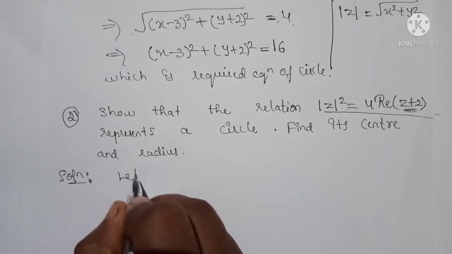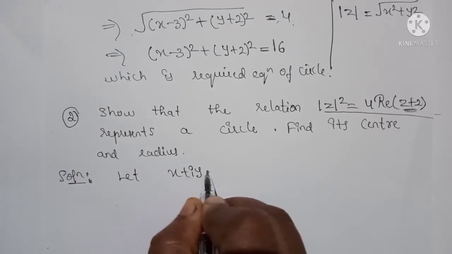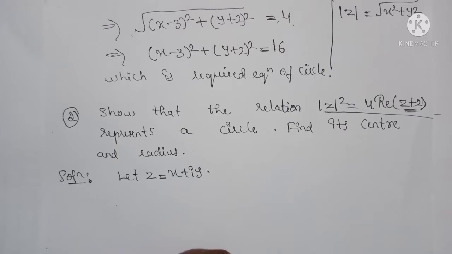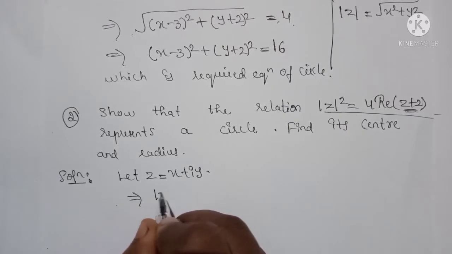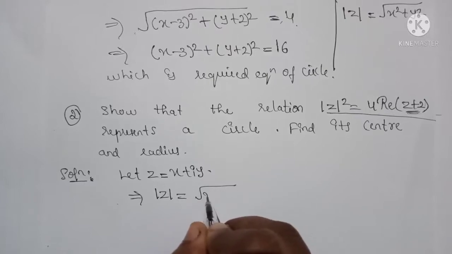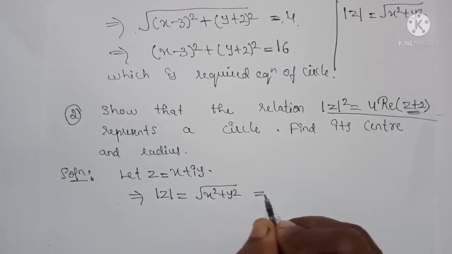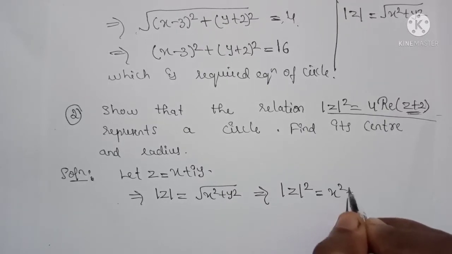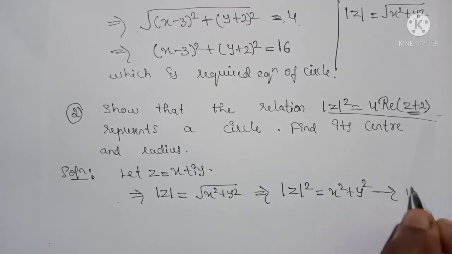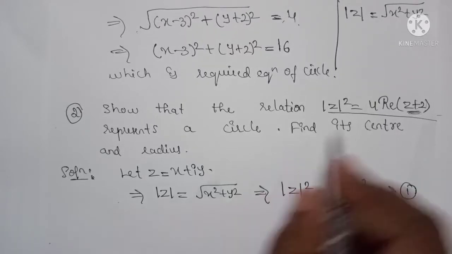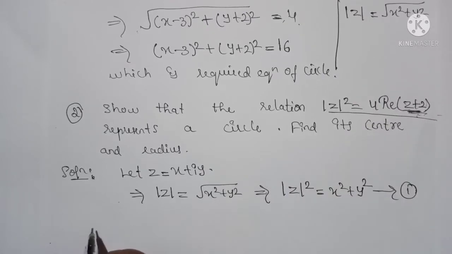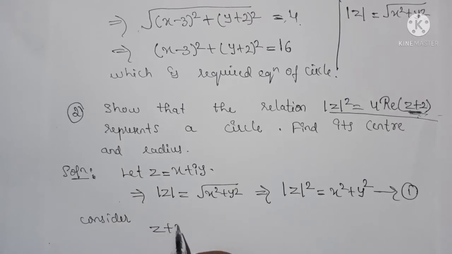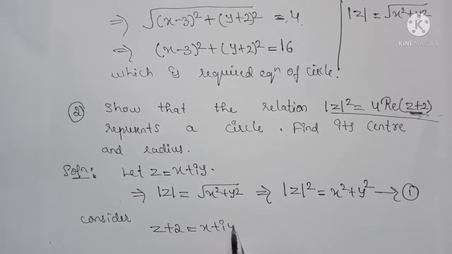Let z equal x plus iy be any complex number. Then the modulus of z will be the square root of x square plus y square, or further simplifying, mod z square equals x square plus y square. Consider this as equation 1. Also, we need the real part of z plus 2, therefore consider z plus 2, which equals x plus iy plus 2.